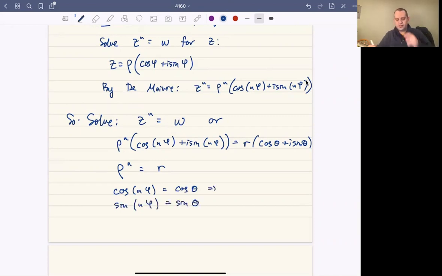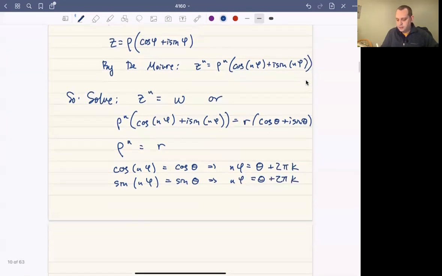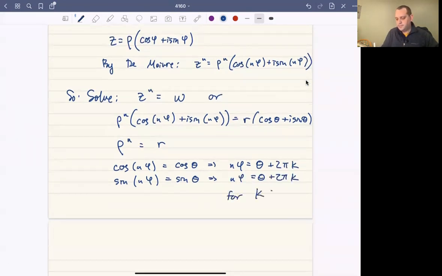That tells you these angles must be the same: n phi has to be equal to theta plus some integer multiple of 2 pi, for some integer k. It turns out the values of k where this is meaningful are k going from 0 to n minus 1.